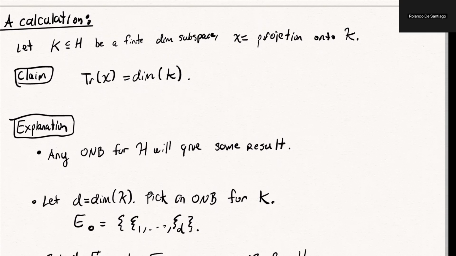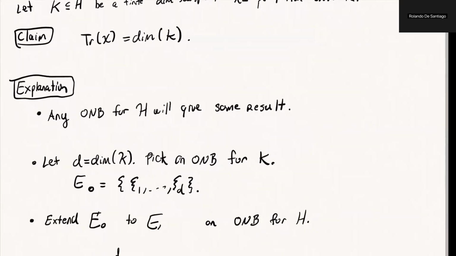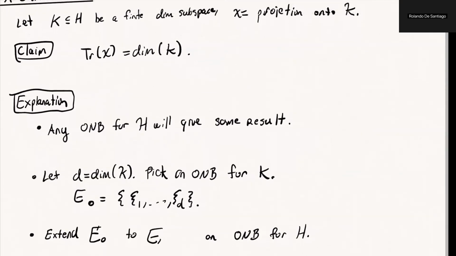Okay, so the explanation here, walk through the following steps. Since we know that this formula trace, as I define it here, X applied to a basis vector, inner product against basis vector, sum up all those values, is independent of my choice of orthonormal basis, let's pick a good orthonormal basis.